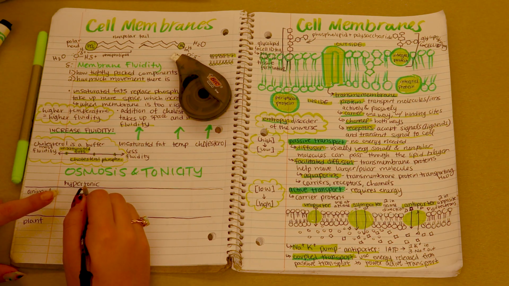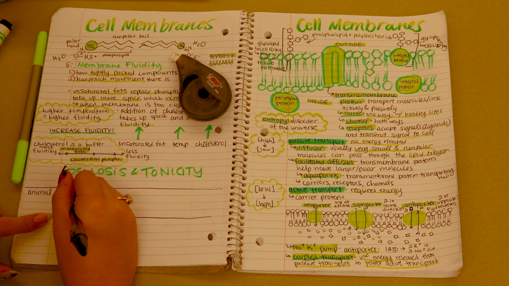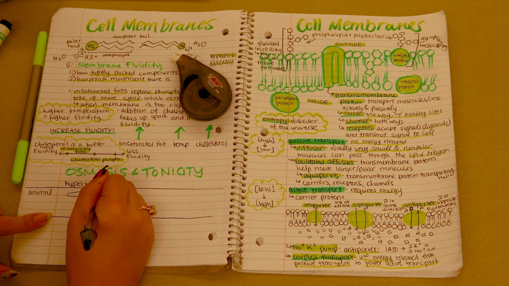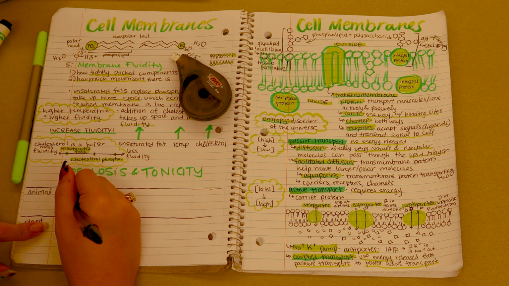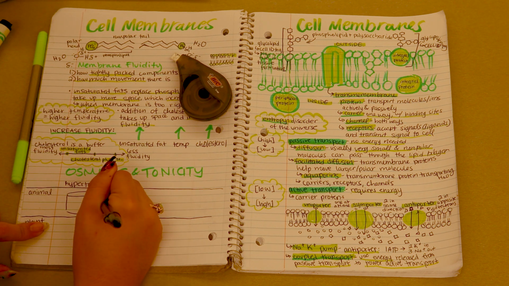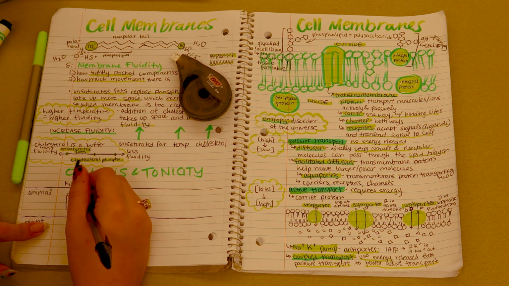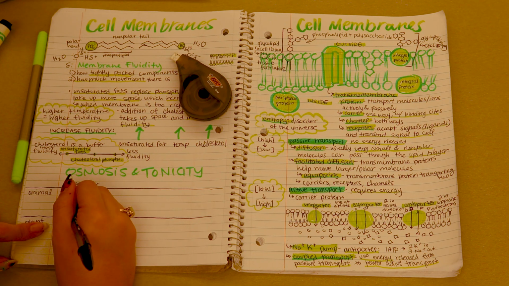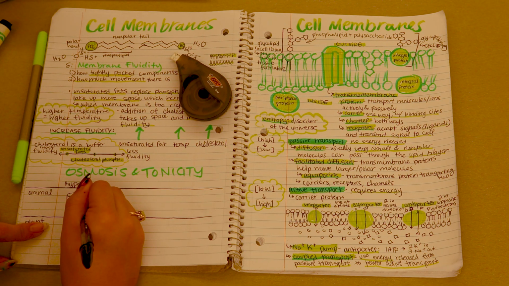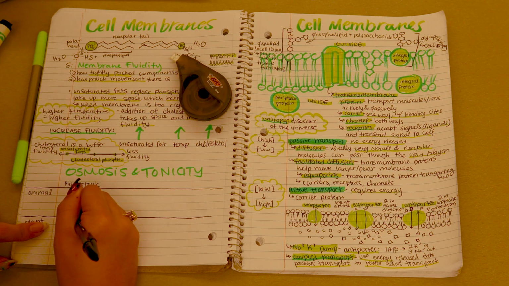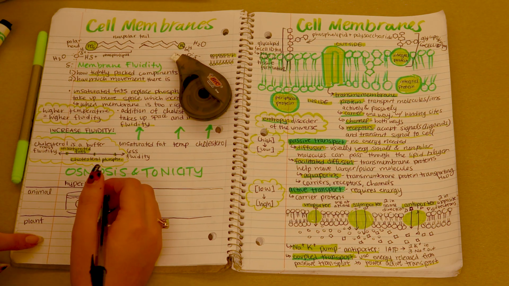So if you're in a hypertonic condition, situation, environment, whatever, say you put your cell in a bath, but it's not just any bath. We'll say this is the water. Kind of.